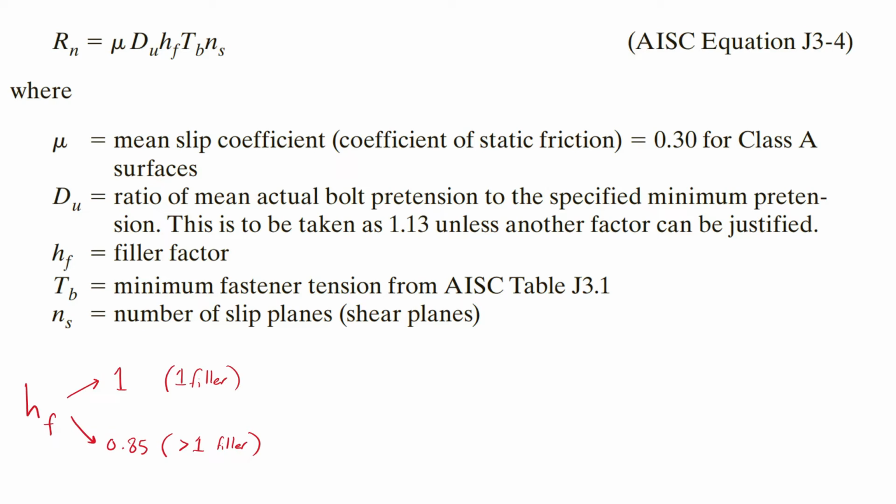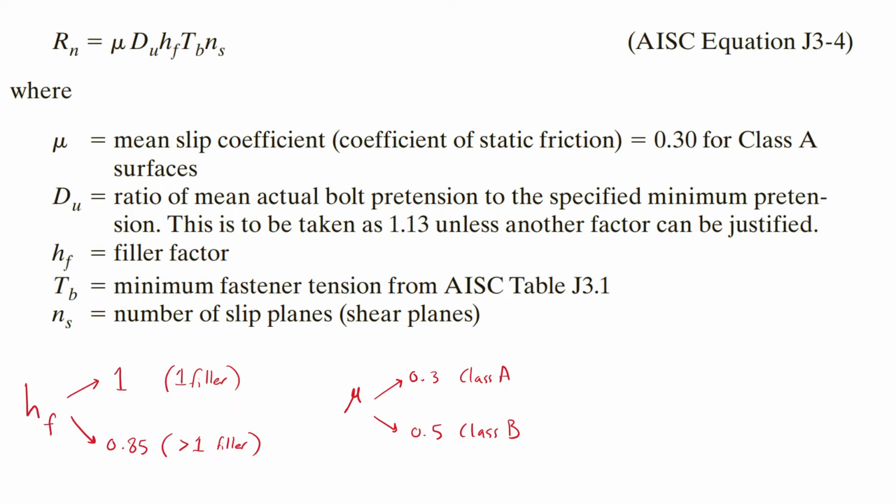Although slip-critical connections are designed to not slip, if slip does occur because of an overload, the bolts must be capable of resisting shear and bearing. Mu is equal to 0.3 for Class A surfaces, which are steel surfaces with clean mill scale, and 0.5 for Class B surfaces, which are blast cleaned steel surfaces.